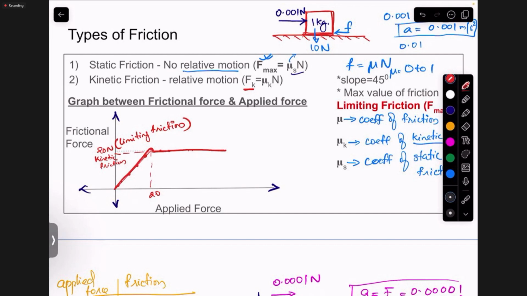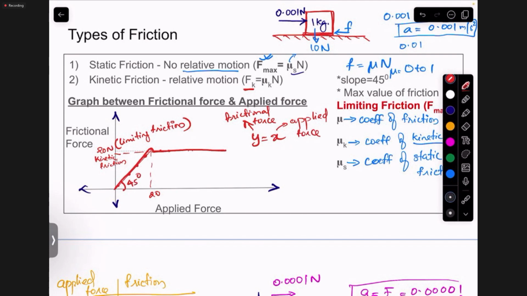So that's why that is kind of like a y equal to x thing, where x is applied force and y is frictional force, right? So y equal to x line will give you a slope of 45 degrees.